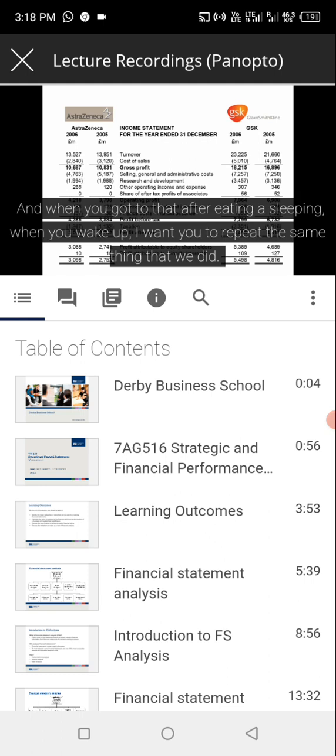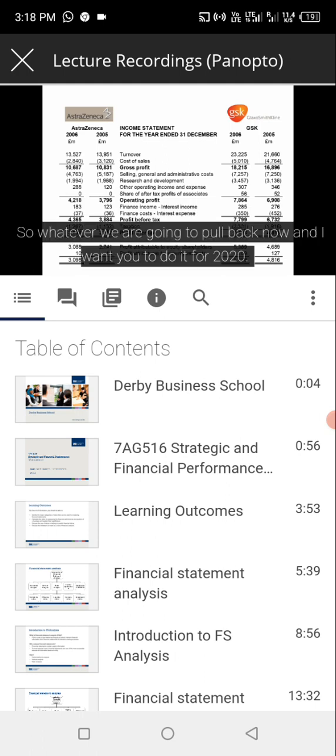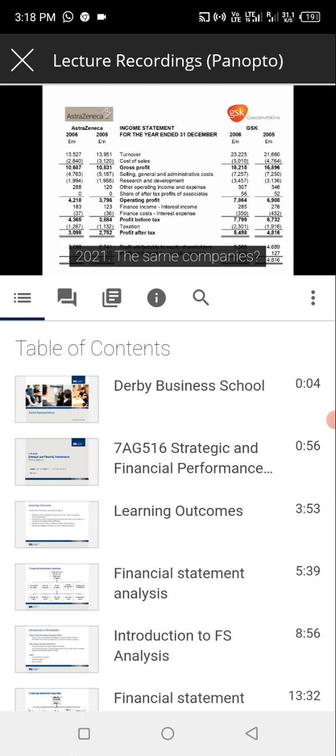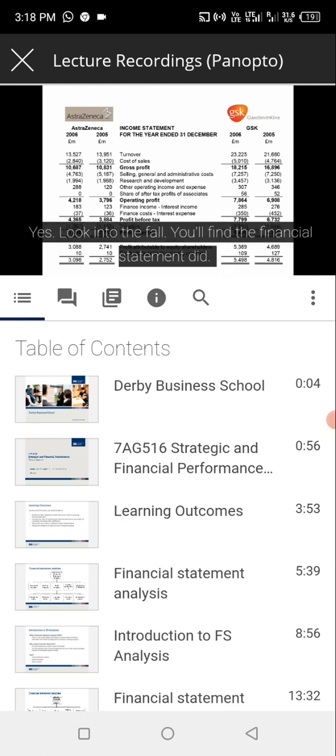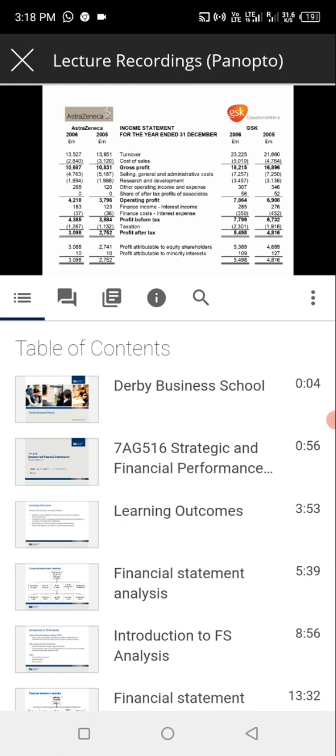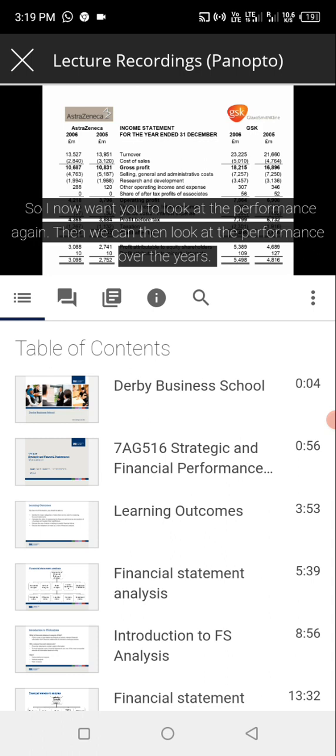When you get home tonight, after eating and sleeping, when you wake up, I want you to repeat the same thing for 2020-2021 for the same companies. Look into the folder, you will find the financial statements there. I now want you to look at their performance again, then we can look at the performance over the years.